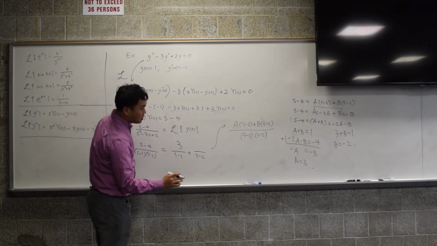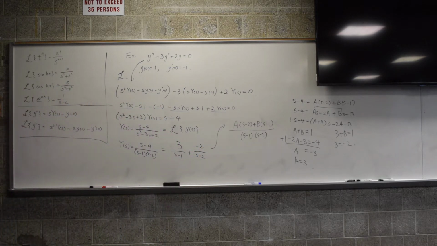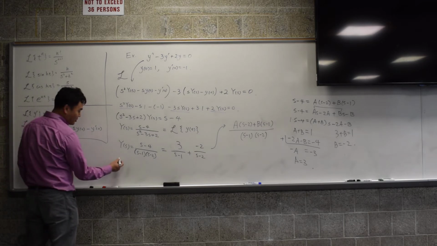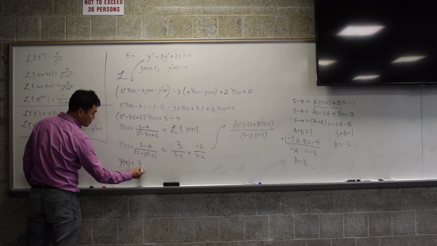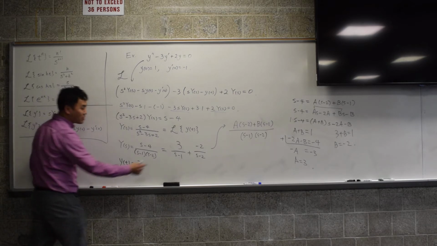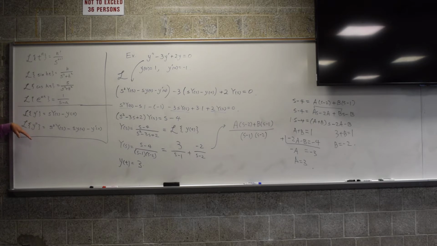And then b is negative 2. And that, in turn, will tell you what y of t is. What is y? It must be 3 times... Which one gives you 1 over s minus 1, according to this? e to the t, right?